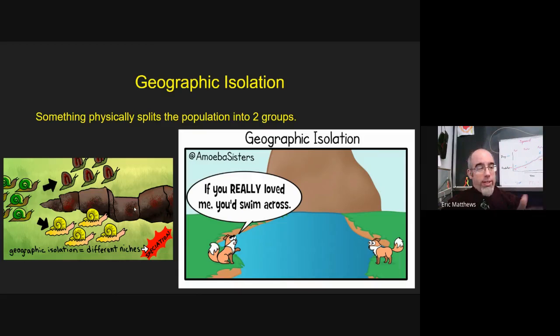If mama bird is on the left side, but her nest was on the right side, and then all the chainsaws happened and it freaked her out and she flew back and away, and she comes back a day later and that divide is there, she won't cross it. Even though her babies are on the other side, she won't cross it. So now that's an isolation mechanism. For earthworms, building a road is going to be an isolation mechanism.